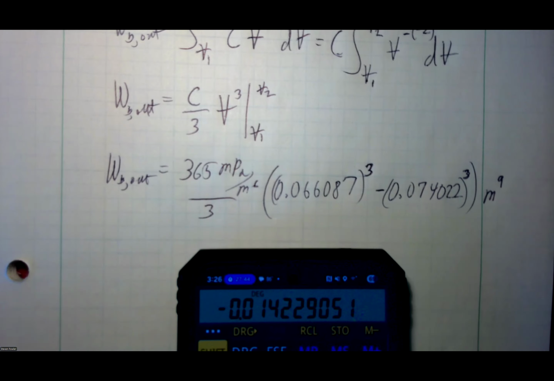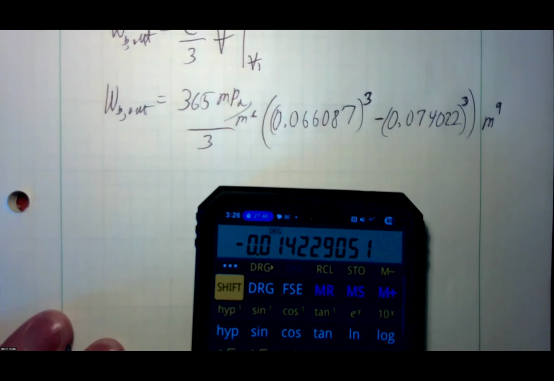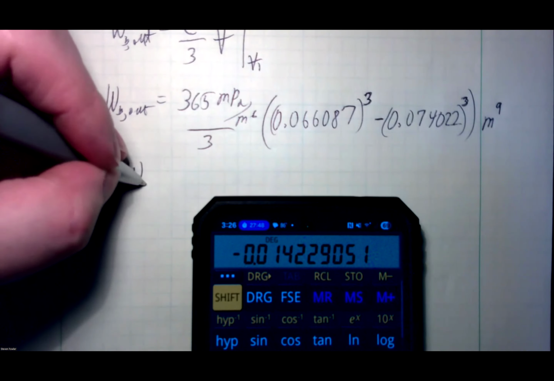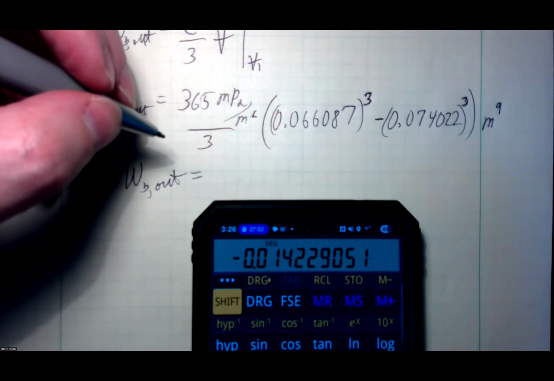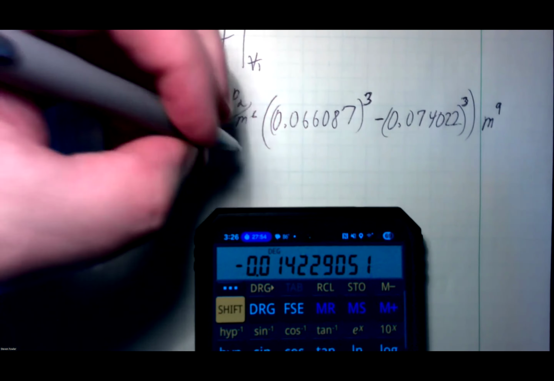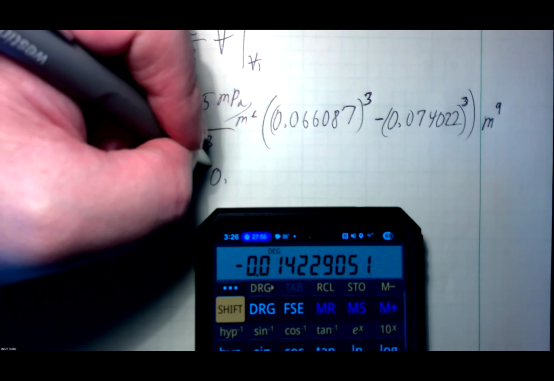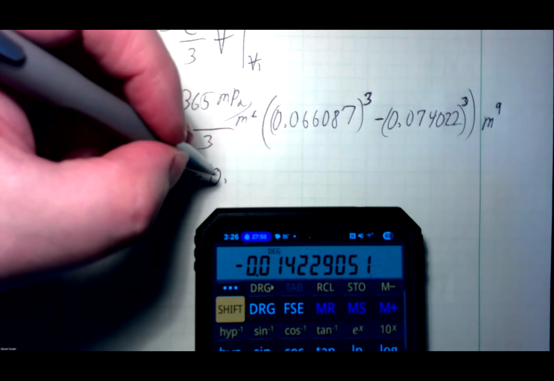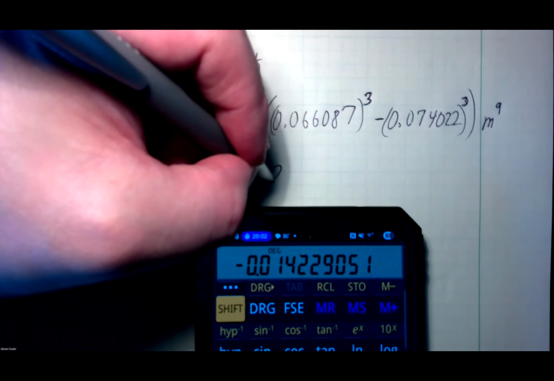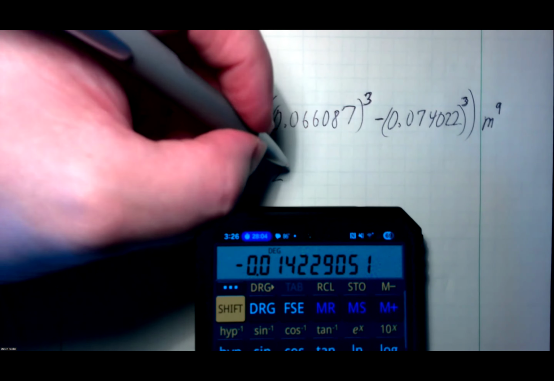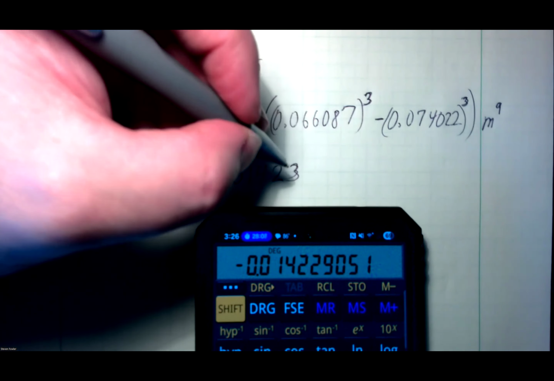So you get what appears to be a very small number. Boundary work out is going to equal minus, sorry about that, minus 0.0142. Yeah, we could say 3, but I wouldn't go past that.